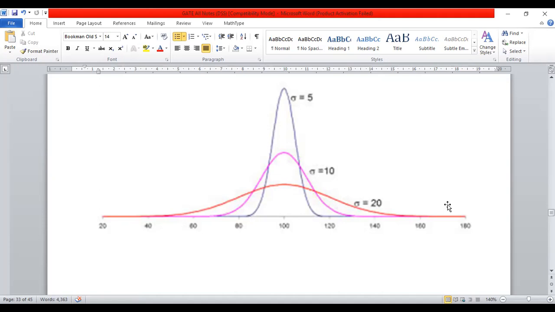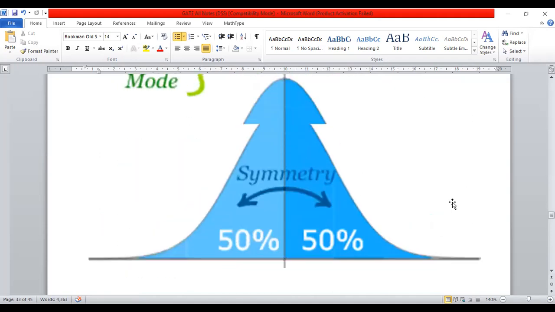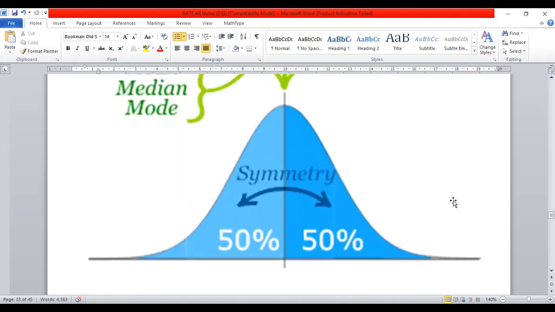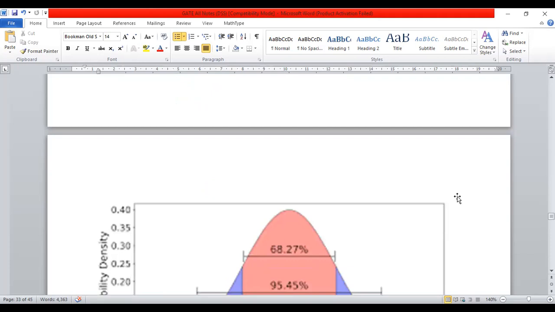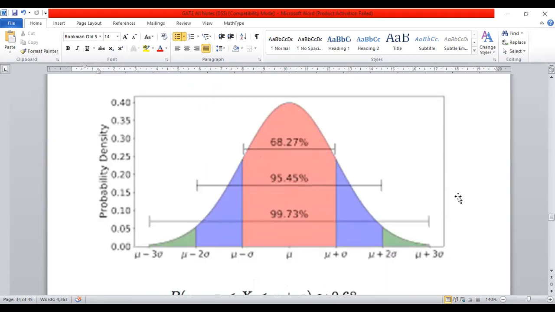So you can understand that the tallest one has the least dispersion or variation, so its sigma is going to be the least, and the flat one will have the maximum variation. Regarding symmetry, 50% of the data is on the left side and 50% on the right side, so it is symmetric about mu. And this is very important.